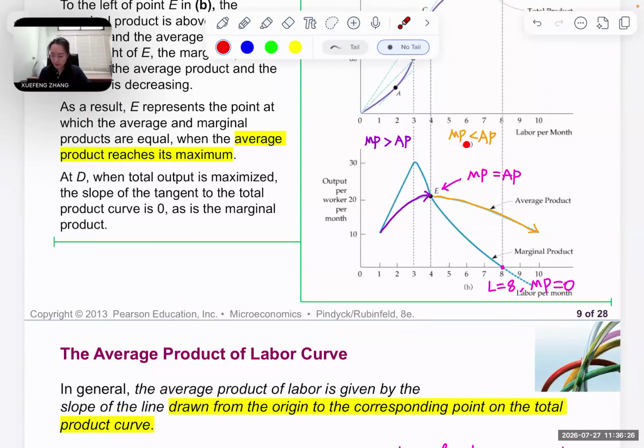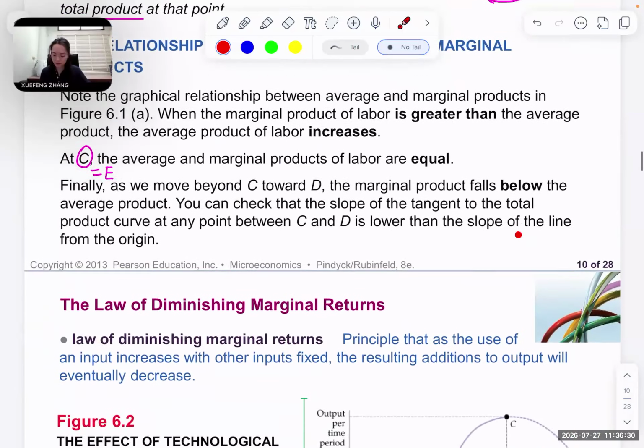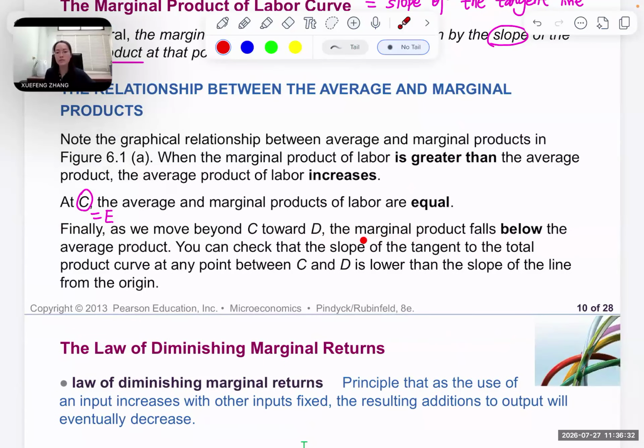And then from C to D, you see, which is this part, MP is less than AP, and AP is decreasing, see here. The marginal product falls below the average product. You can check that the slope of the tangent to the total product curve at any point between C and D is lower than the slope of the line from the origin. Let me help you.